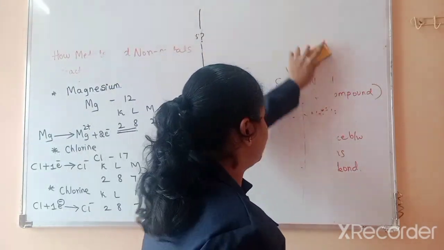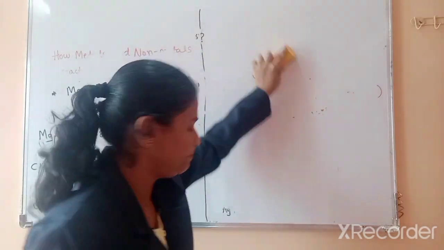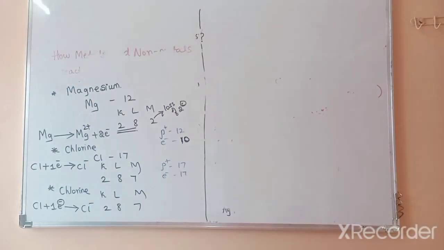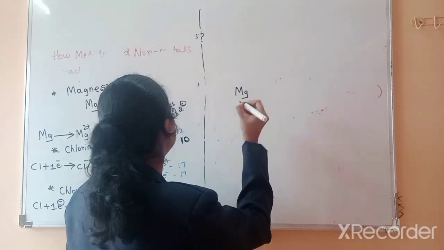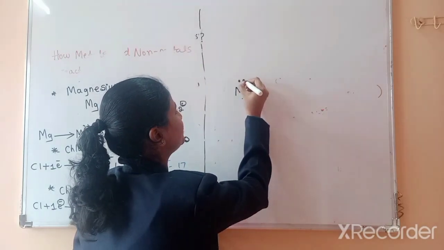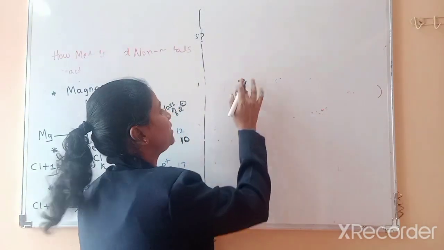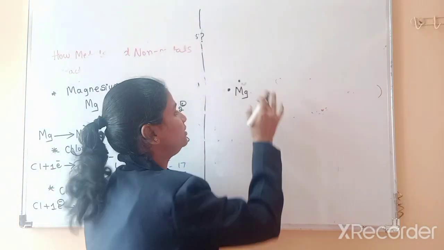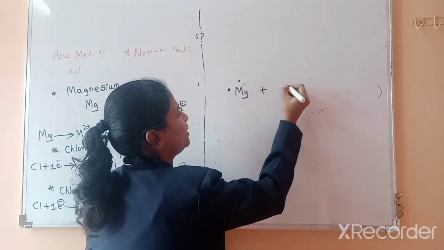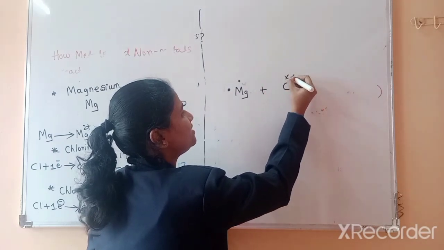The dot structure. Magnesium. How many electrons does it have? In the outer shell it has 2 electrons. Right? So let me write it differently so that I can show the transfer in a better way. Next, chlorine. 1 chlorine has 7 electrons.